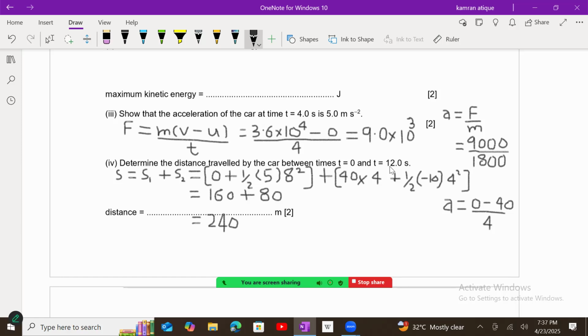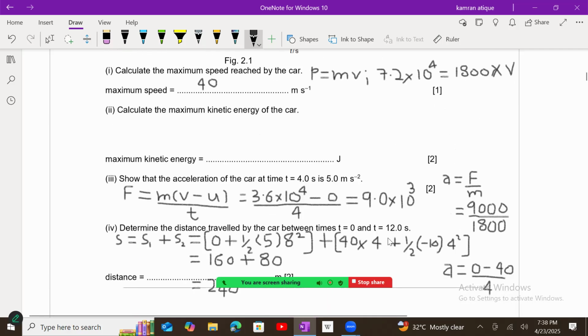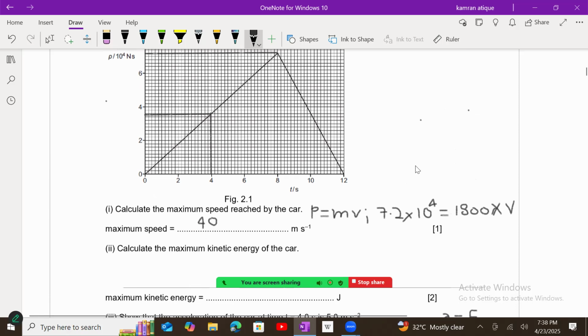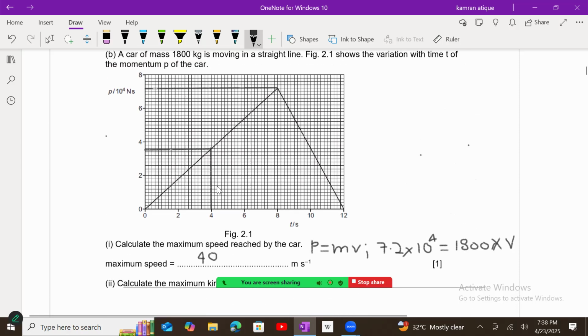What is the distance traveled? The total distance traveled, starting from time equals 0 seconds and ending at time equals 12 seconds.